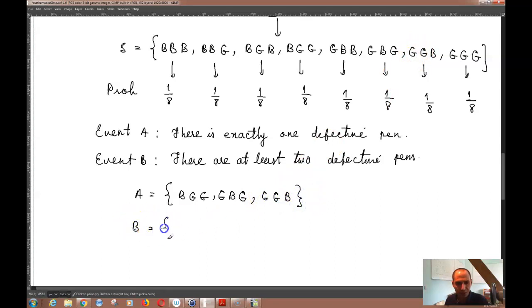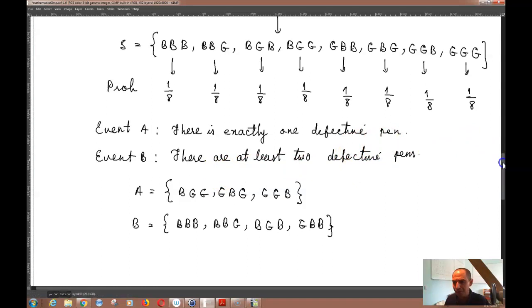And B, where there are at least 2 defective pens, you can write as BBB, BBG, BGB, and GBB. So you have 4 outcomes here and 3 outcomes there.